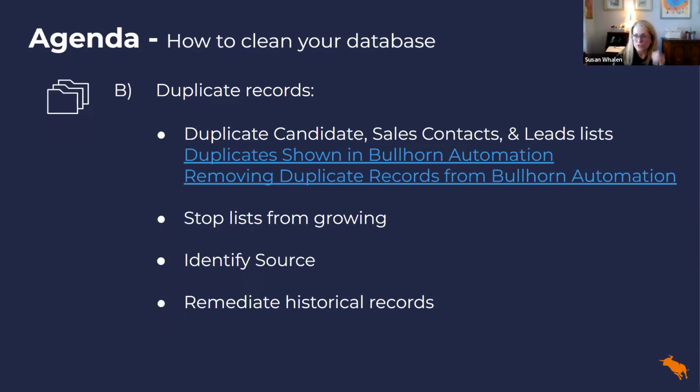But deleting or merging records, that happens on the ATS side of things. So we'll take a look again at how you can determine duplicate records and stop those records from growing and identifying the source of those records. Okay.